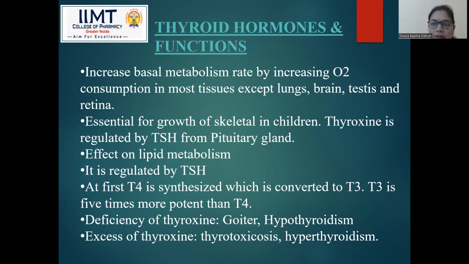At first, T4 is synthesized, which is converted to T3. T3 is 5 times more potent than T4. Deficiency of thyroxine causes goiter and hypothyroidism, and excess of thyroid hormone in the body causes thyrotoxicosis and hyperthyroidism.